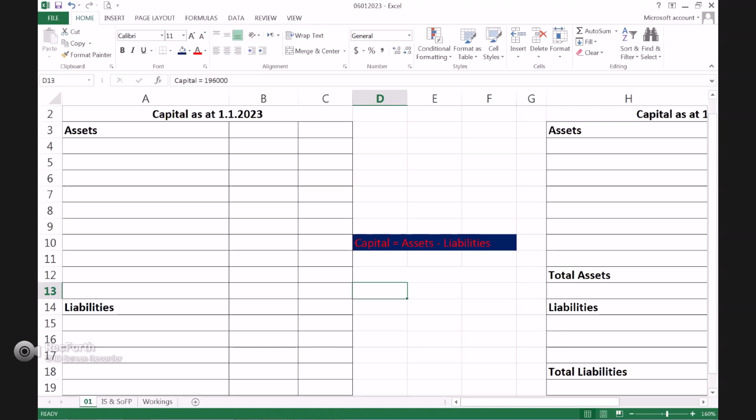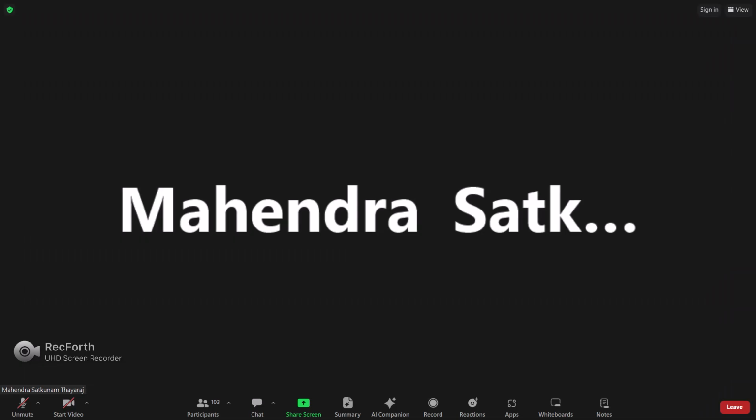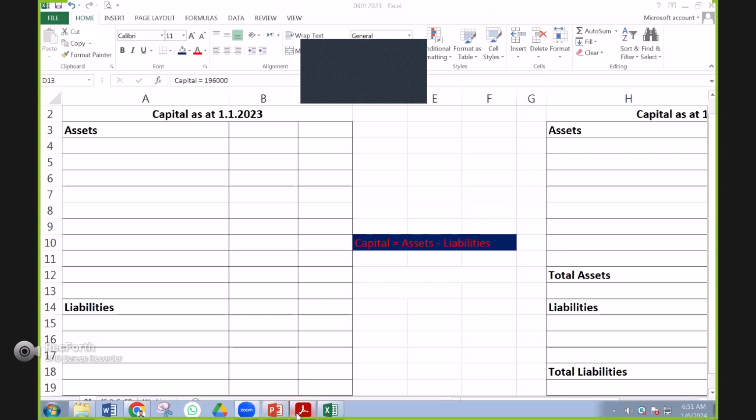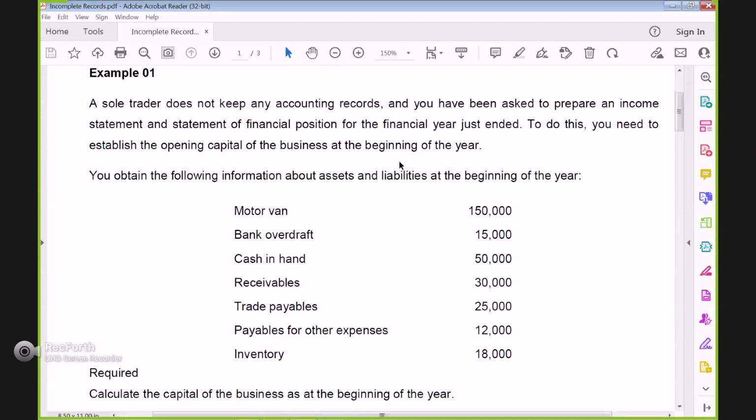Okay, what about the first one? Shyam Street. Okay, the first one, motor van, 150,000. So it is an asset. First, you have to identify motor van is the asset.